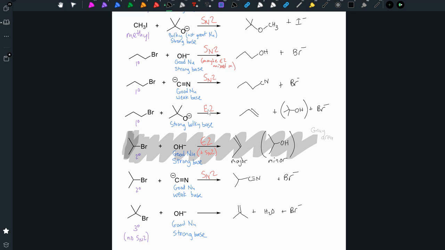From here, I'm going to go back and talk about the other two substitution elimination reactions we haven't mentioned yet, the SN1 and the E1. So if you're looking at module 21 about SN1, you're going to want to stay tuned for that.